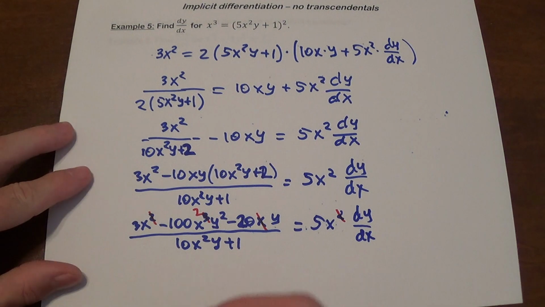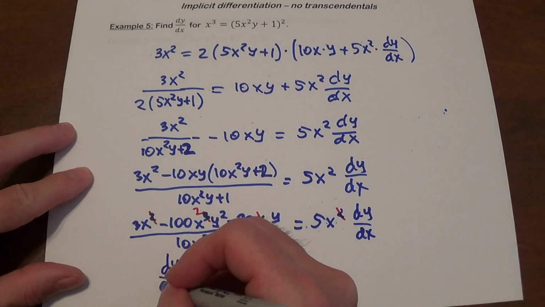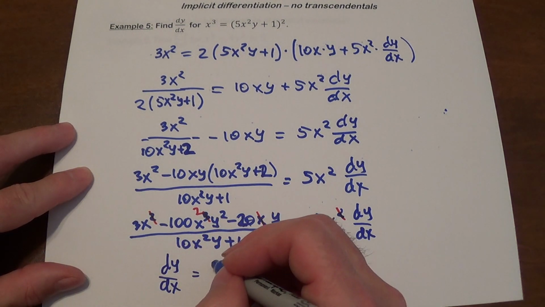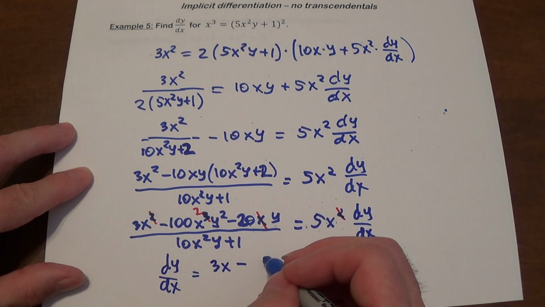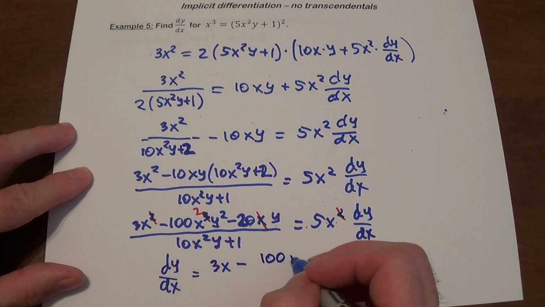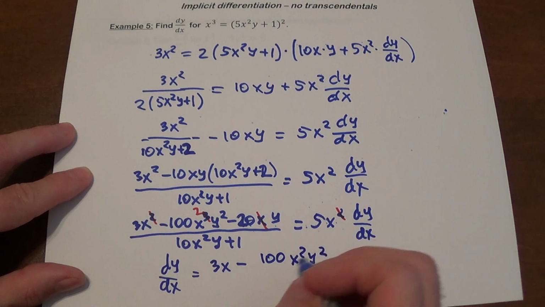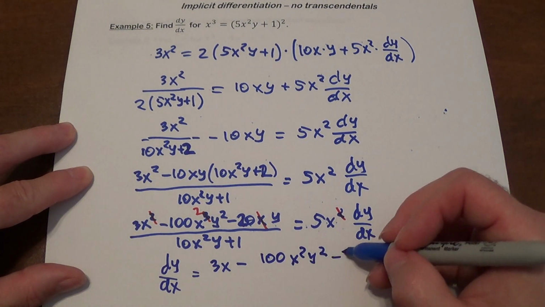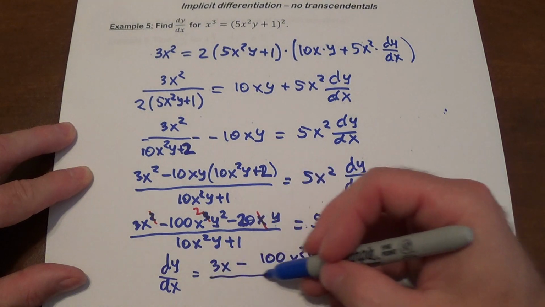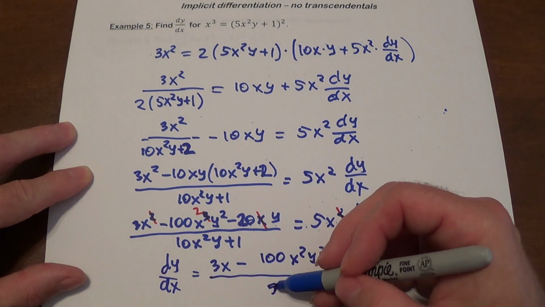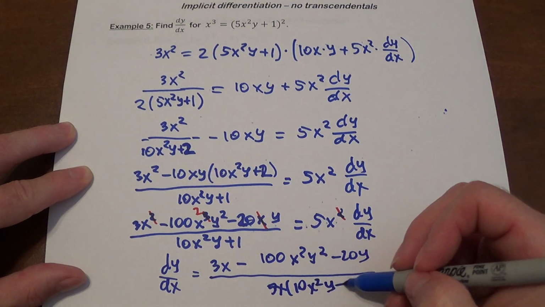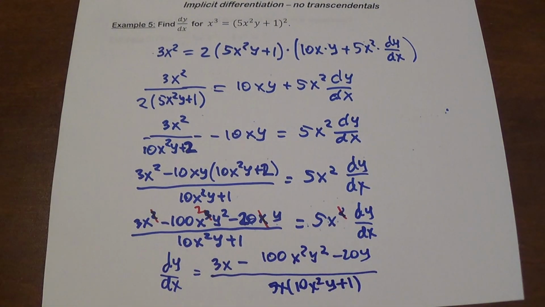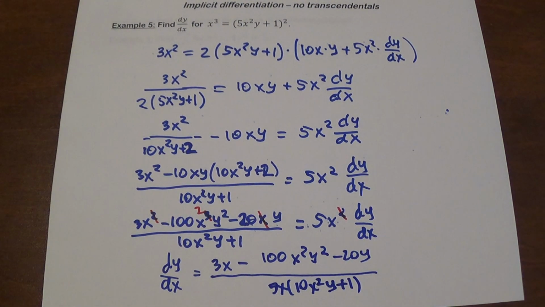So finally dy over dx is going to be 3x minus 100x squared y squared minus 20y all over 5x times 10x squared y plus 1. All right?